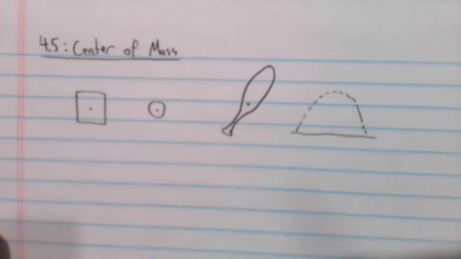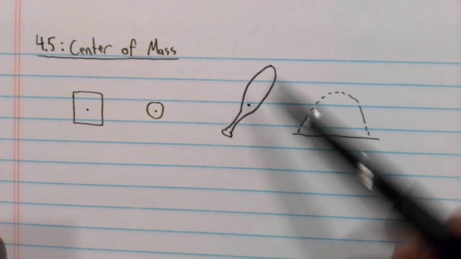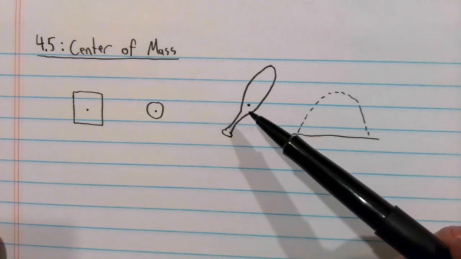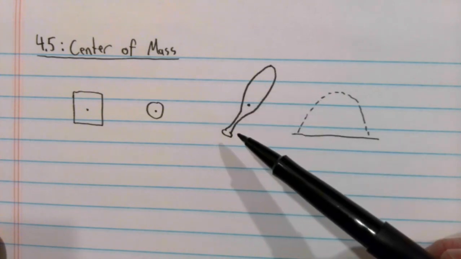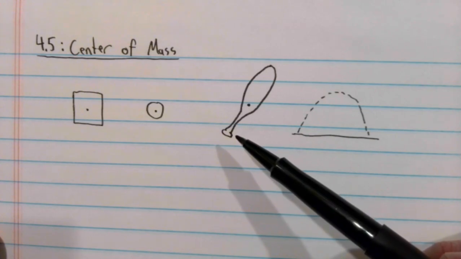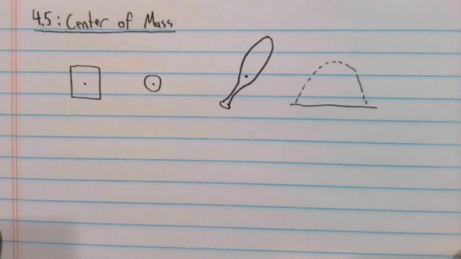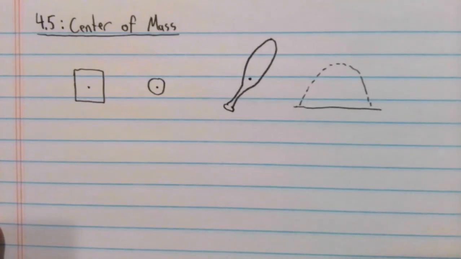Basically what we do in order to find center of mass of this, we would have to look at each individual atom in this baseball bat and do some calculus to calculate center of mass of every single one of those. We're going to do a simpler calculation. I'll drop in the equation right here.